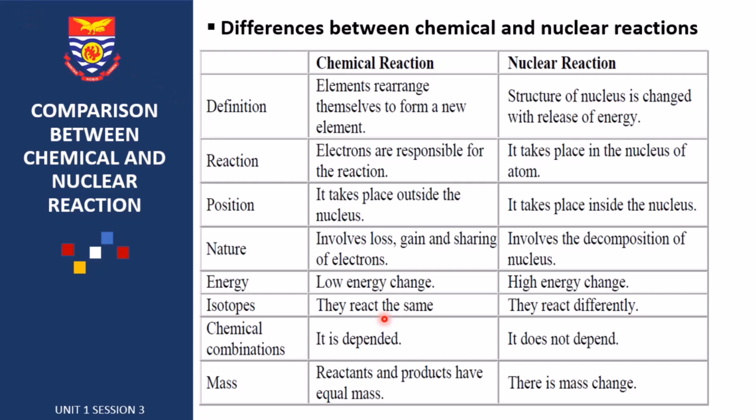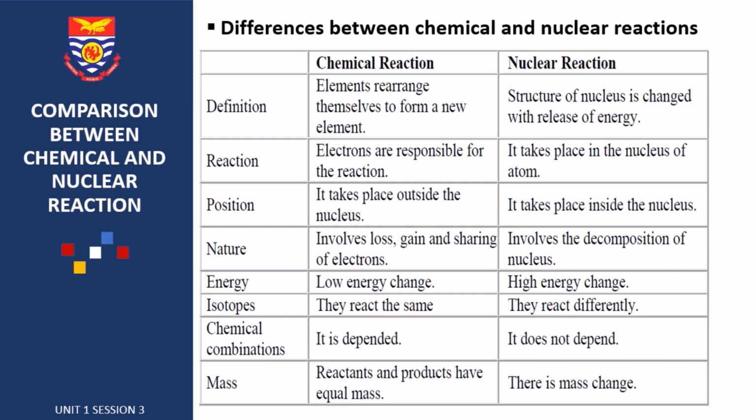Also, the reactants and products have equal masses in chemical reactions, but in nuclear reactions, the masses of the reactants are different from the masses of the products that are formed.